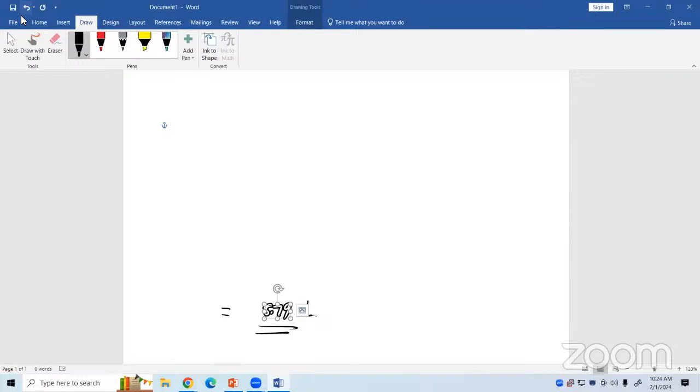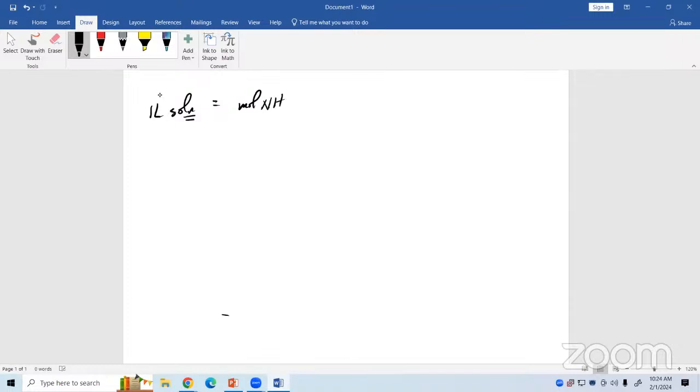So what I'm going to do is start off assuming that we're working with 1 liter of the solution. So let's say we measure 1 liter of the solution. And the aim is to find the moles of ammonia present.